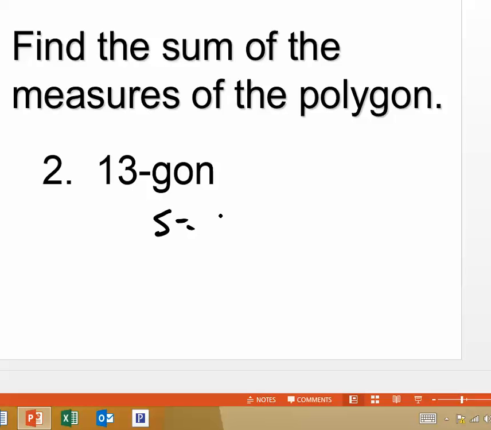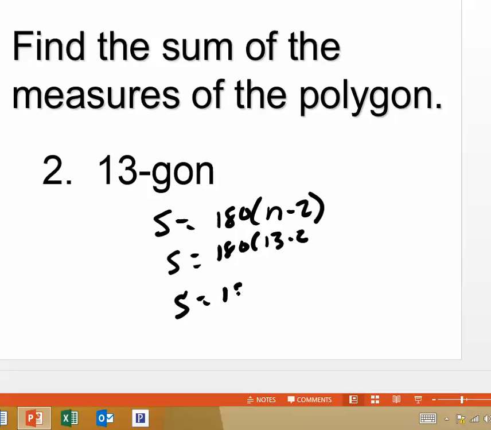Sum is equal to 180 times n minus 2. Sum is equal to 180 times 13 minus 2. 180 times 11. So 11 times 180, the sum is equal to 1,980.